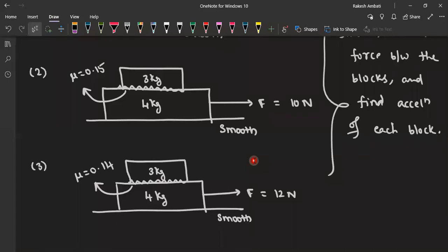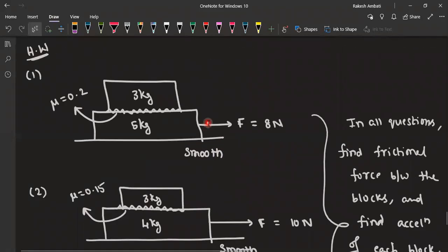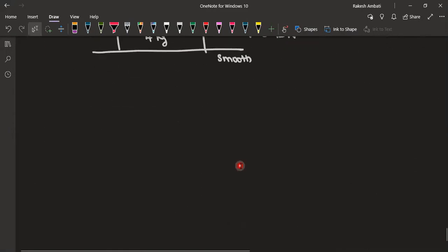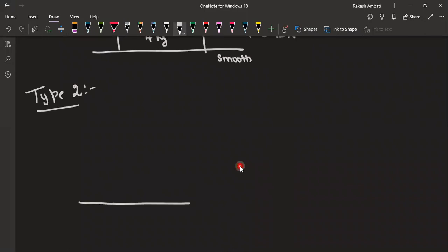So in type 1, here I'm taking a smooth surface and the applied force acting on the bottom block. So it's type 1. Next is type 2. Write down type 2. Same thing here, it is a smooth surface.